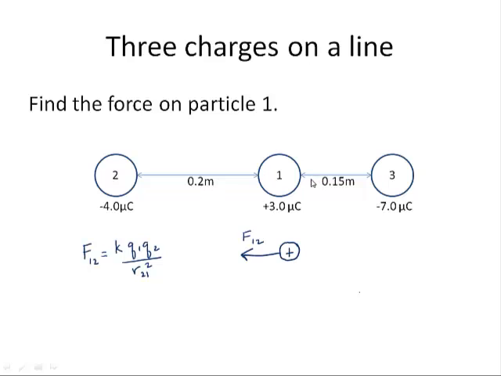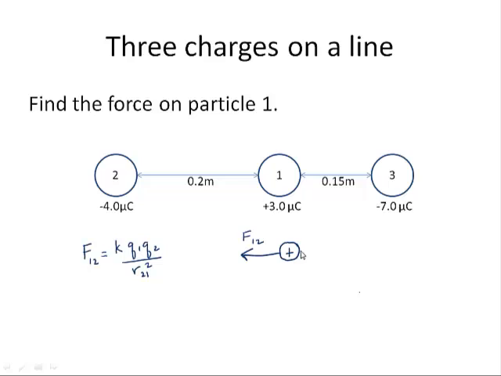Now let's use the principle of superposition and look at the interaction just between particle 1 and particle 3. Here we can actually ignore the interaction between particle 2 and particle 1. The interaction between particle 1 and particle 3, since they're opposite charges, is an attractive force. So particle 1 is actually going to be pulled to the right by particle 3.